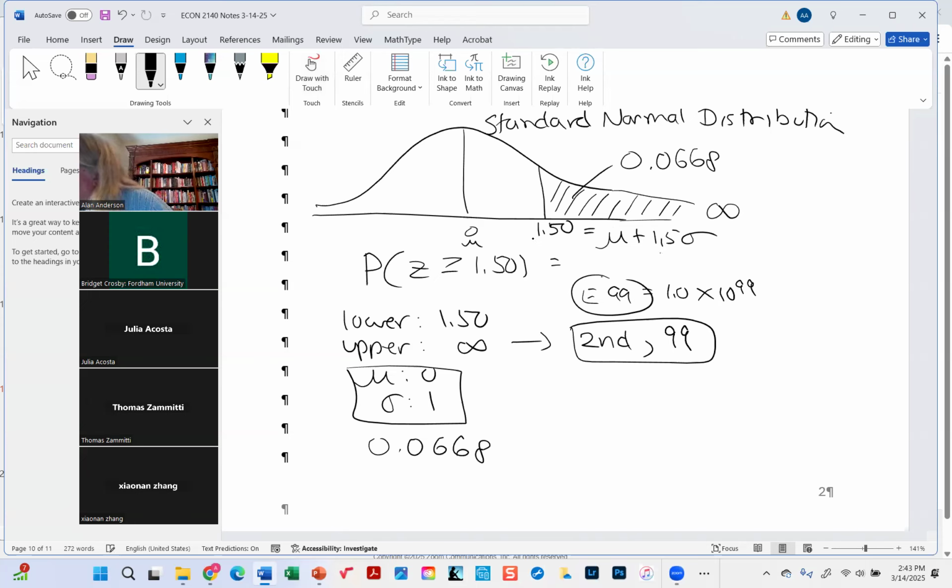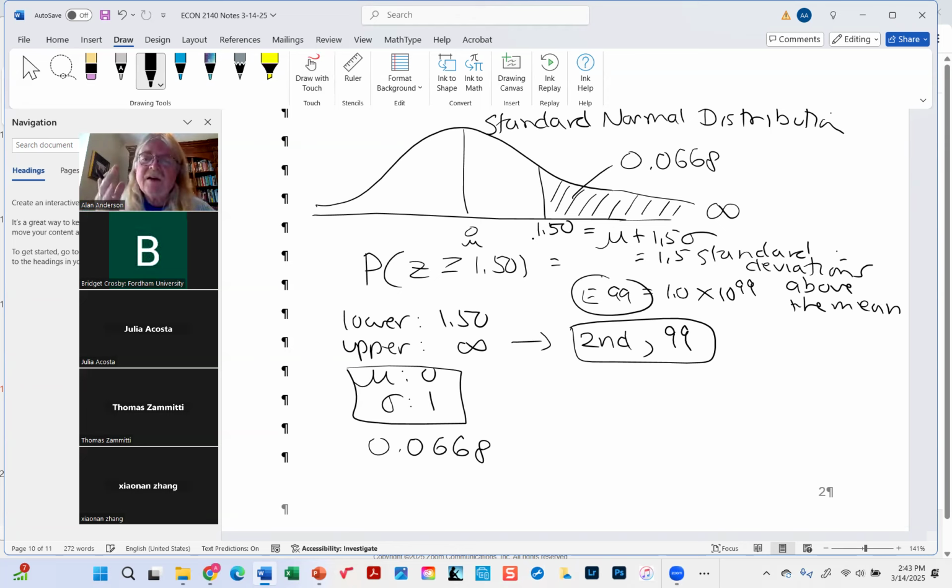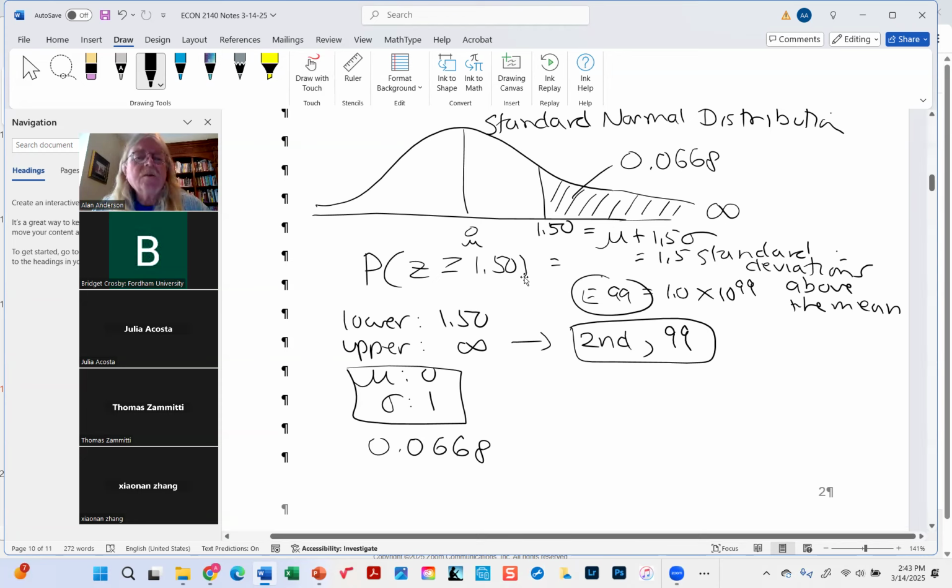Or think of it as 1.5 standard deviations above the mean. So when we're dealing with the standard normal distribution, all the numbers you see across there are all telling us how many standard deviations we are either above or below the mean. 0, of course, means the mean itself.